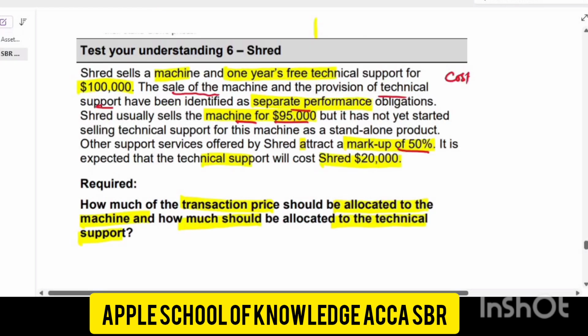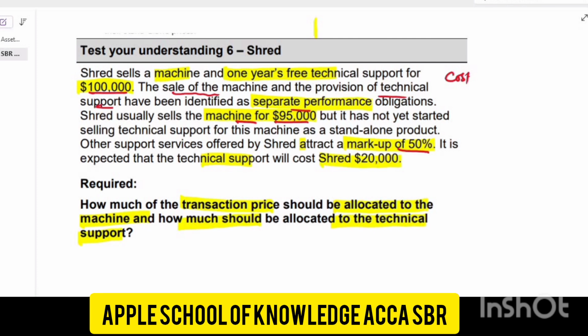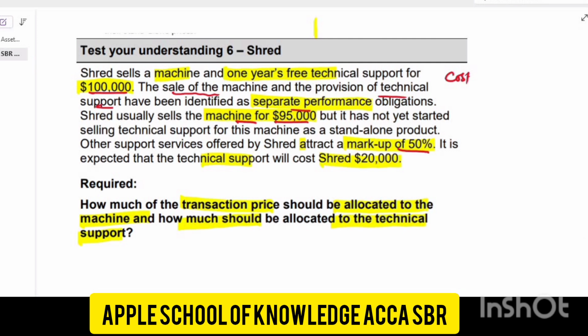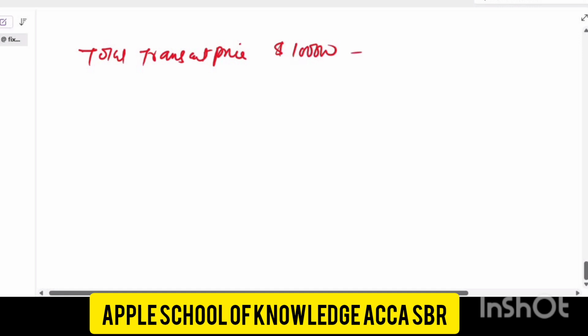Now allocating the transaction price. The total transaction price in the question is 100,000, which includes a 20% discount.